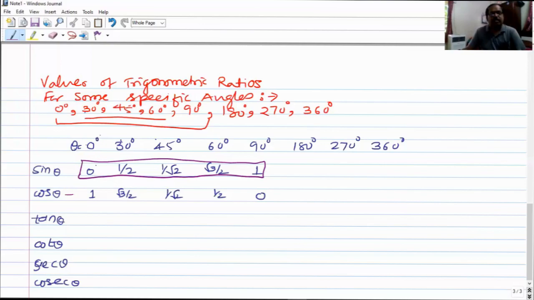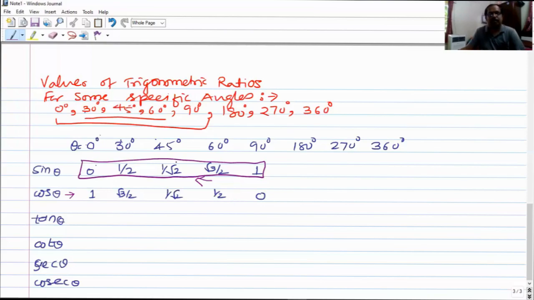In the row for cos theta, if you see the values I have written, they are just in opposite order, in the opposite direction of the values I have written in the first line. So just go on writing the same values in reverse order, from 1 to 0.